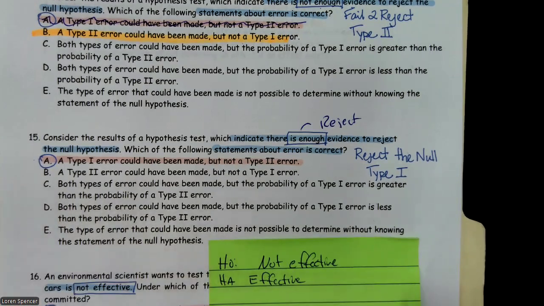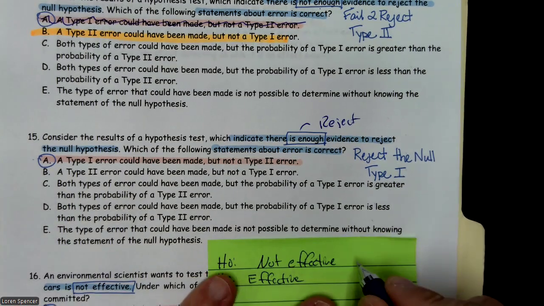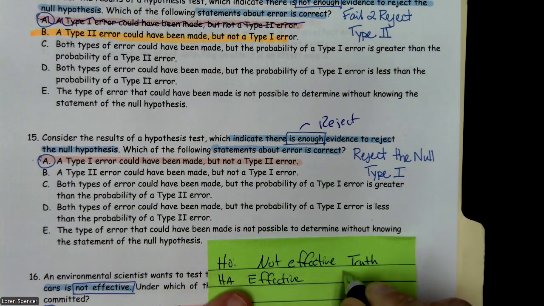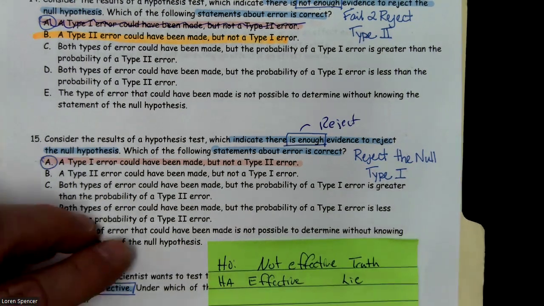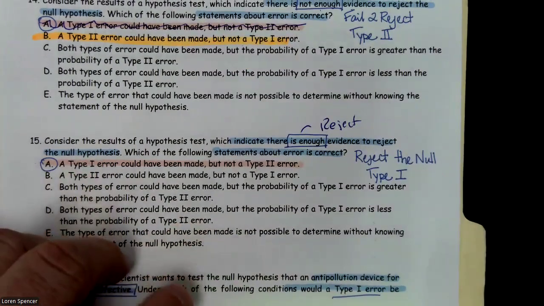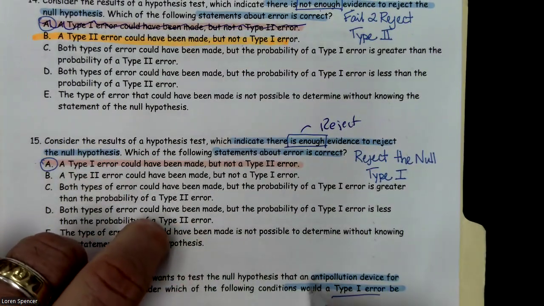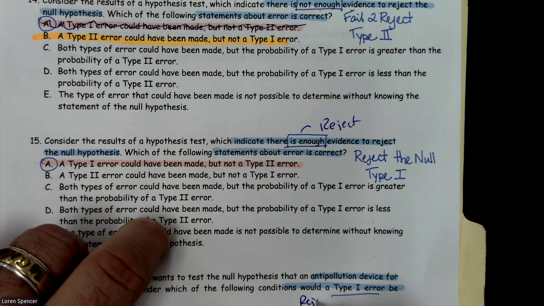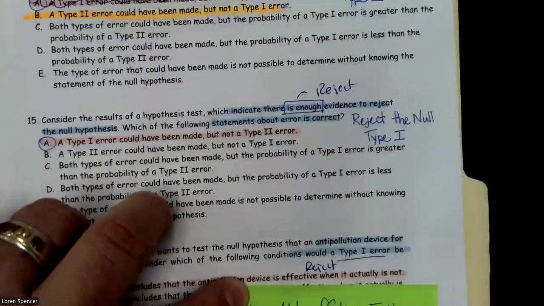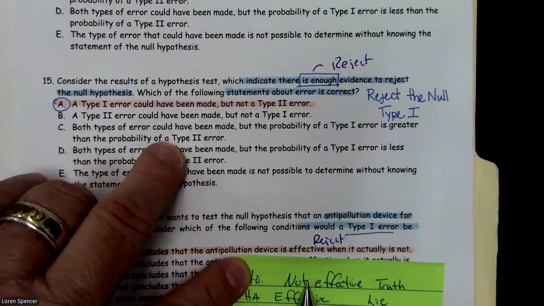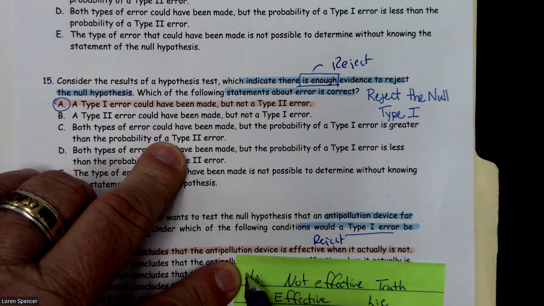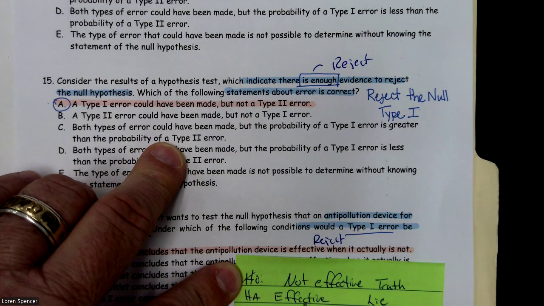All right, so we're looking at a type 1. Well, the type 1, this is the truth, and this is the lie. But with the type 1, you have to reject. So we rejected this, and we believe it is effective.